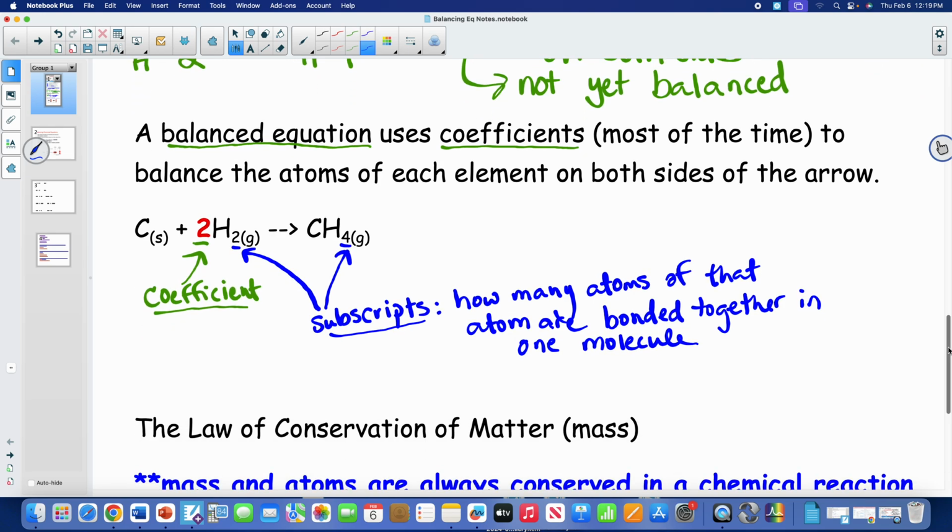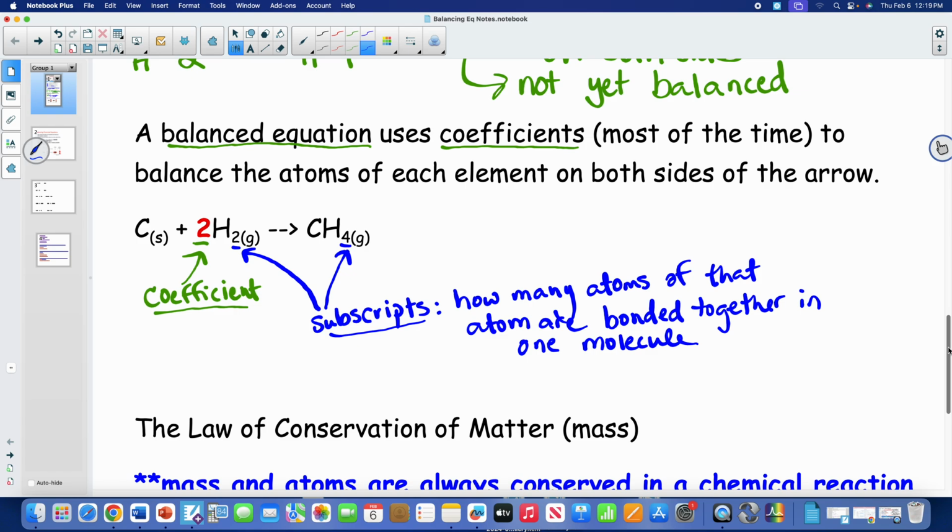Okay. Now the coefficient tells me that I have 2 of those molecules taking part in the reaction. So the coefficients don't imply anything about being bonded together. They're just saying I have 2 of those particles taking part in the reaction. So H2, when you see the subscript, means those are the things that are bonded in one molecule.